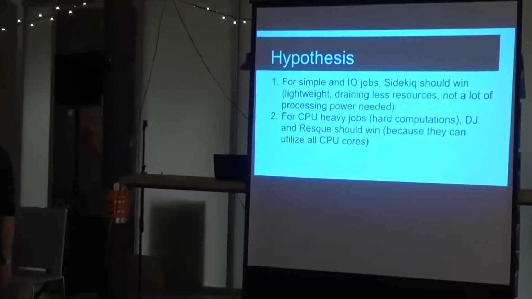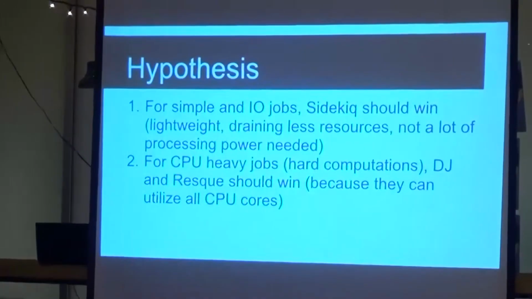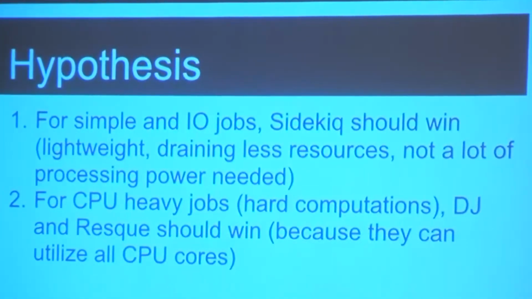So my hypothesis with my benchmarks was this. For simple input-output jobs, Sidekick should probably win because it's lightweight, it drains less memory, and not a lot of processing power is needed here.